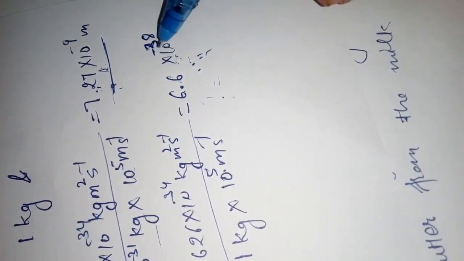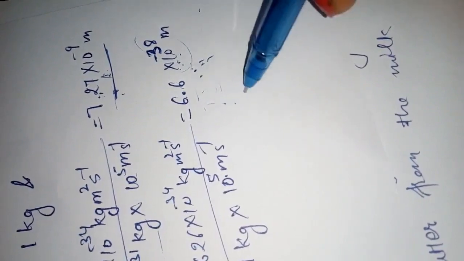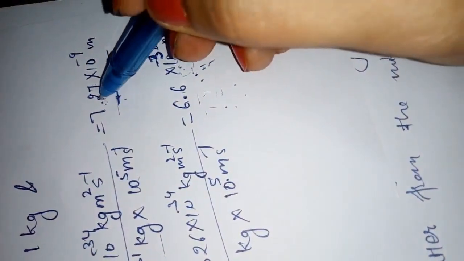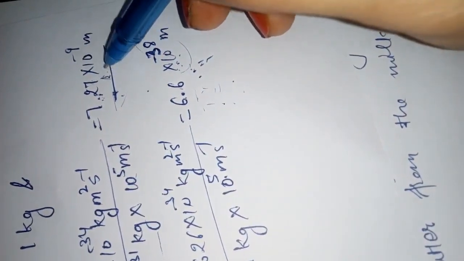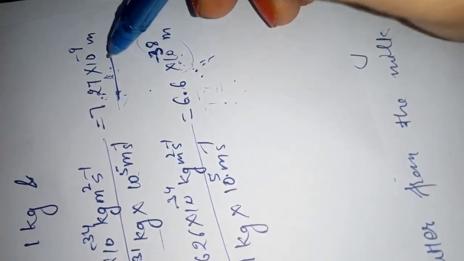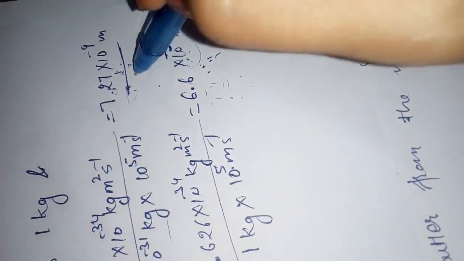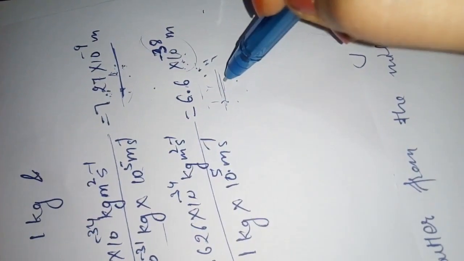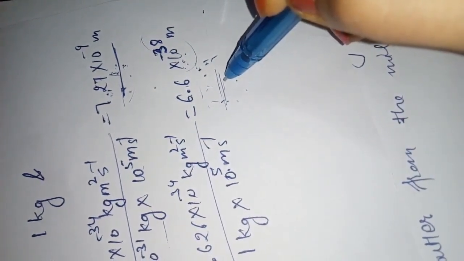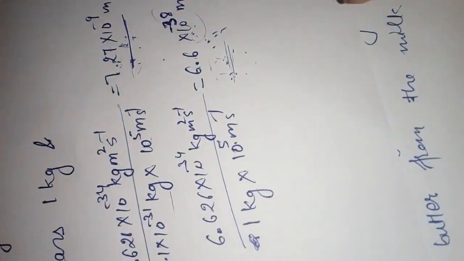So this is a large value: you are dividing 6.6 by a large value and 7.27 by a small value. So the electron's wavelength is within the range of electromagnetic waves, so we can measure it. However, we cannot compare the ball's wavelength with electromagnetic waves. Therefore, it is not possible to measure the wavelength for macroscopic objects.